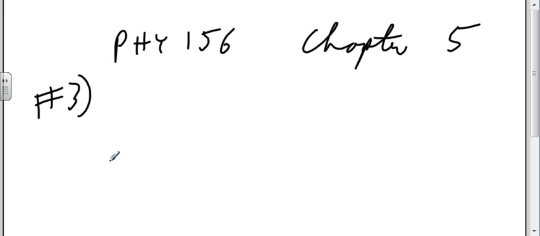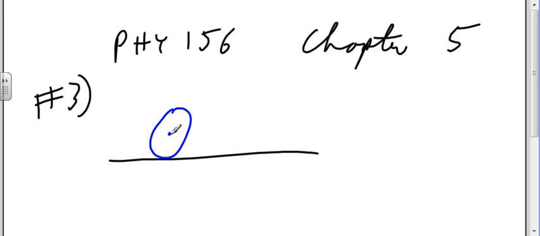Okay, so we got some horizontal surface. We got a ball. It's 2.0 kilograms. We have a force pushing it, that's 310 newtons.